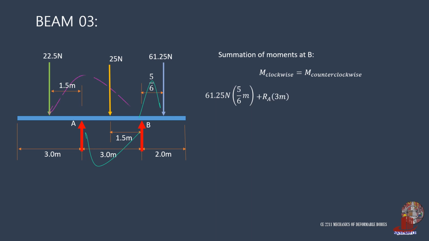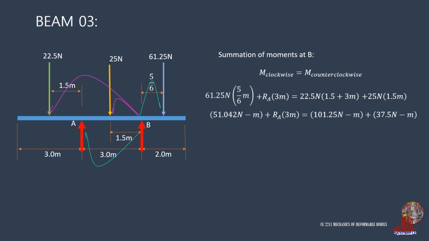Equate the clockwise moments to 22.5 newtons times 1.5 plus 3 meters with 25 newtons times 1.5 meters. The simplified equation turns out as 51.042 plus 3 R sub A as equal to 101.25 plus 37.5 newton meters.